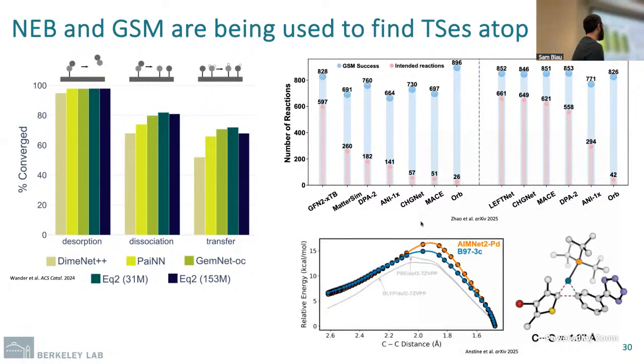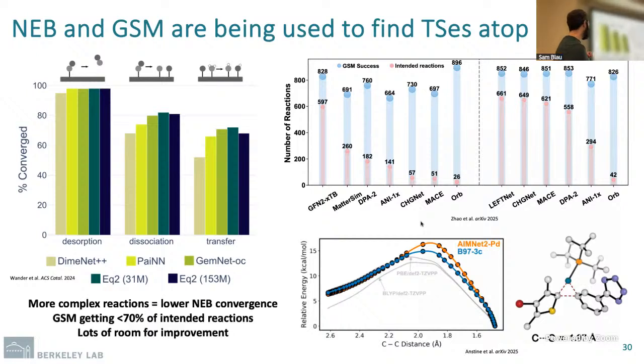Alexander Isaev just had a paper come out on arXiv like a month ago where they're doing a combination of different transition state optimization methods for these palladium catalyst systems atop MLIPs. So people are already doing this, right? But what I want to point out is that for more complex reactions, you're getting lower NEB convergence. The growing string method in Chenru and Chiwan's paper is getting less than 70% of the intended reactions. There's lots of room for improvement.